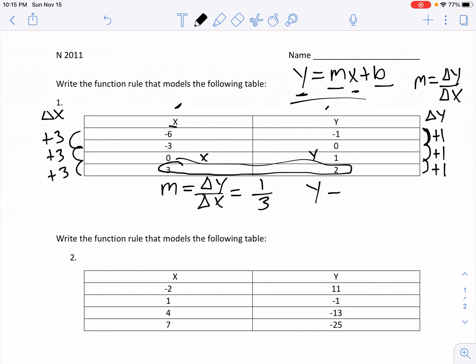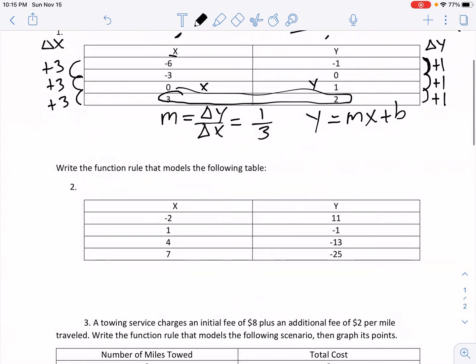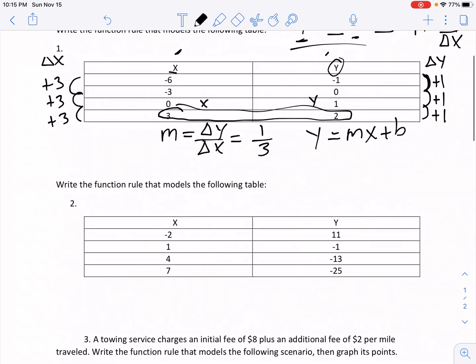So looking at y equals mx plus b, okay, we can plug in 2 for our y. We know our slope is 1/3, and let's plug in 3 for our x, okay? Now again, if we're multiplying fractions here, we can think of it as multiply by the numerators and divide by our denominator.